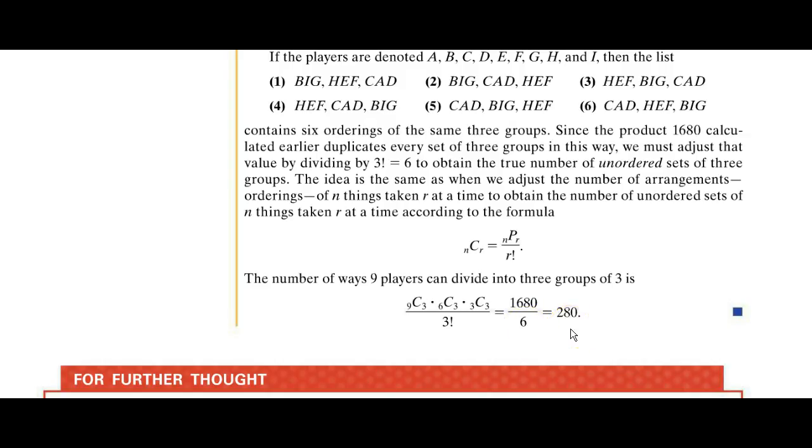So the correct answer is this one. Again, super challenging. You are unordering the sets by using 6 factorial.